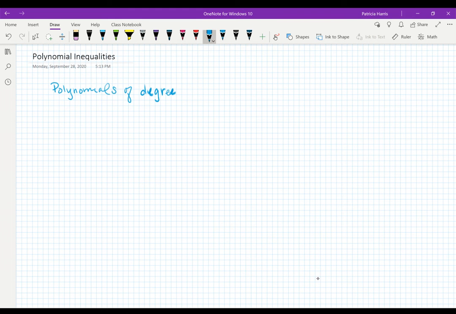Now, when we talk about degree, what we are talking about is the biggest exponent. So a quadratic, write it as an equation, has a degree of 2.